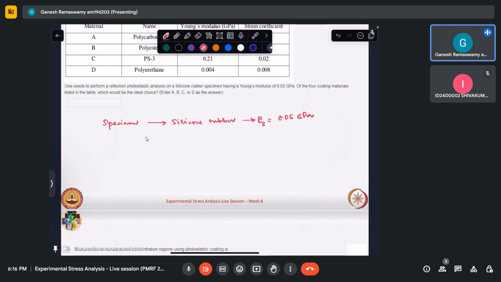And it has been asked what is the ideal choice for the coating.